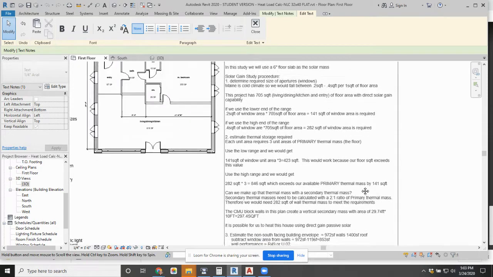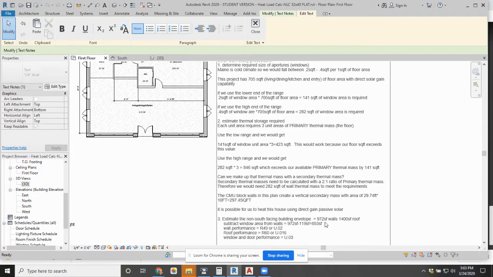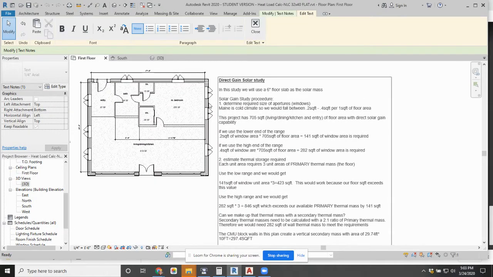I ended up with 972 square feet of walls. And then we've got 1,400 square feet of roof above us that are exposed to the outside. The walls have 1, 2, 3, 4, 5, 6, 7, 8 windows.